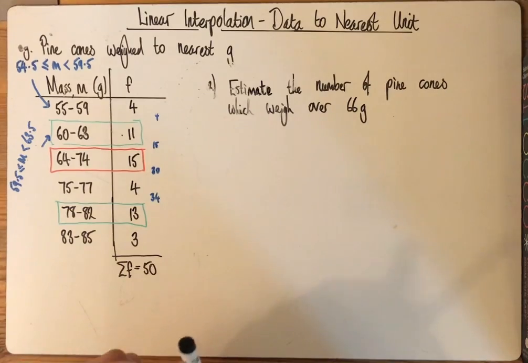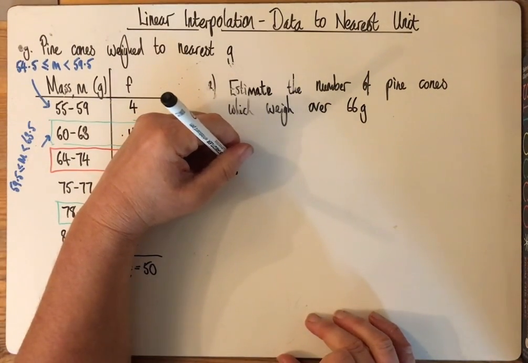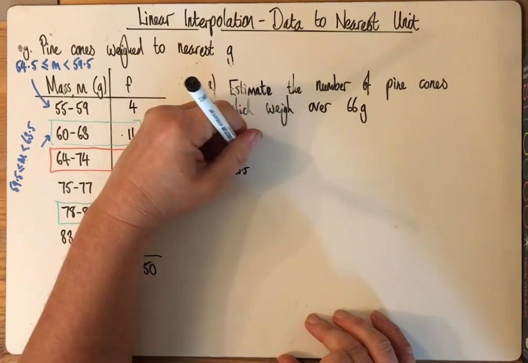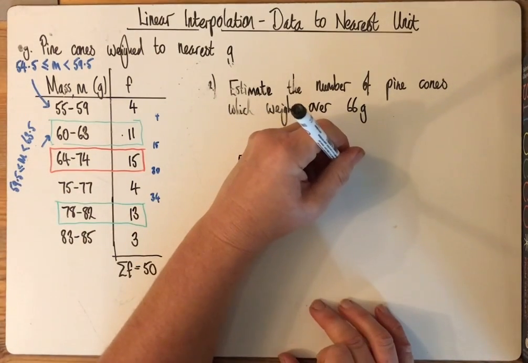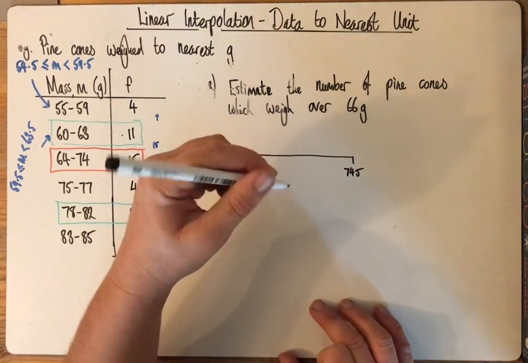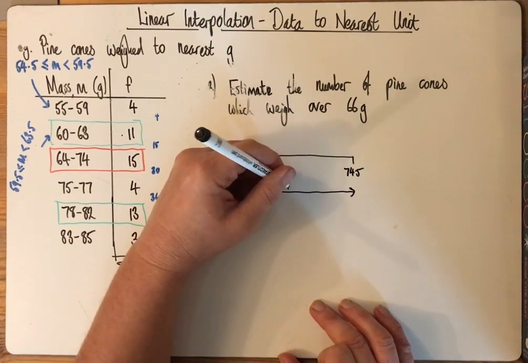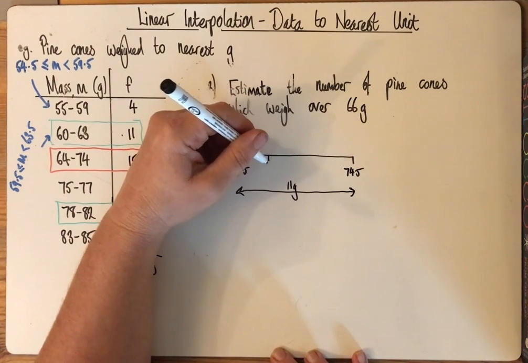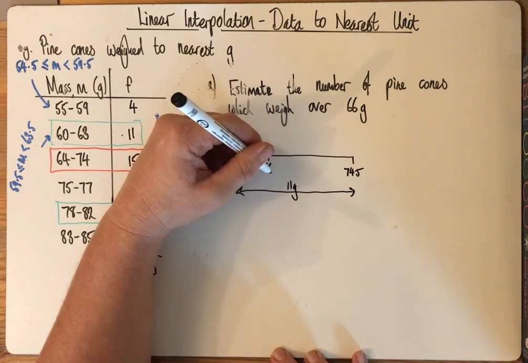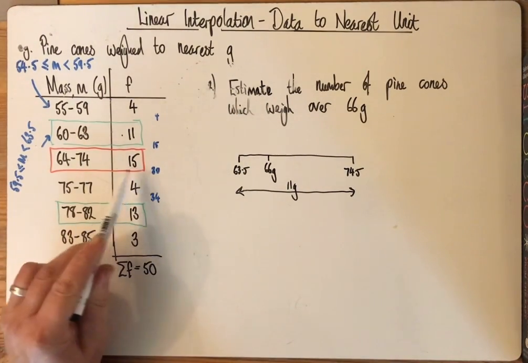And if you think about the class width, it's going from 63.5 up to 74.5. So the class width across here is 11 grams, and 66 grams is sitting here. And in this class boundary, there's 15 pine cones.